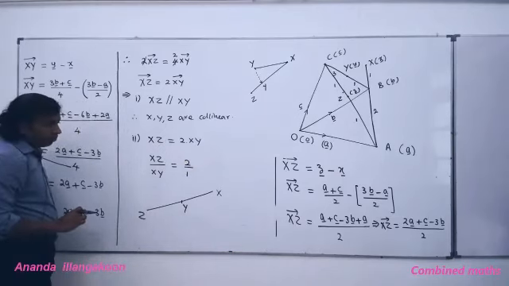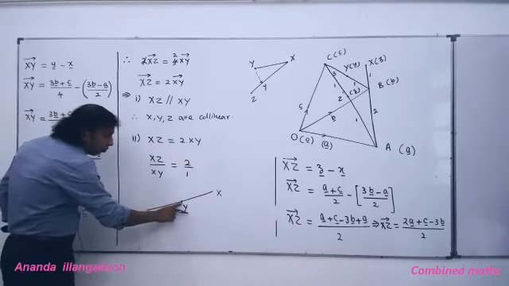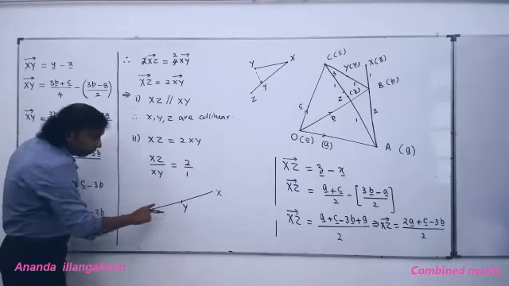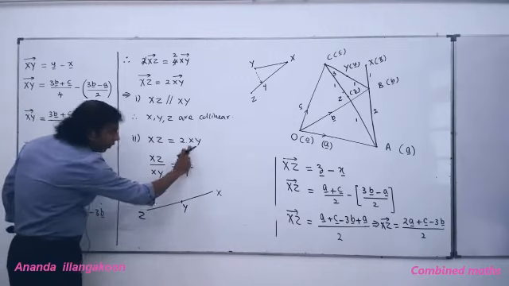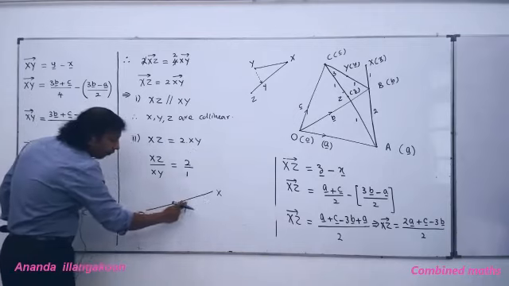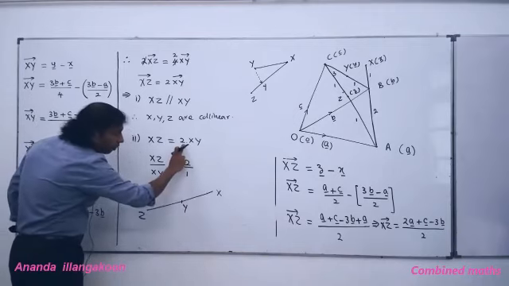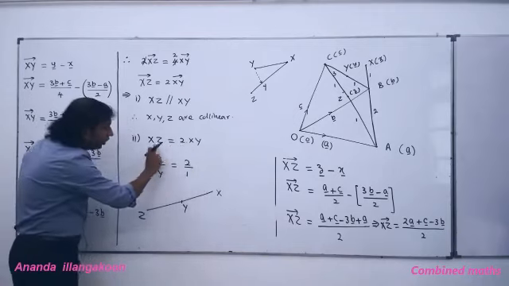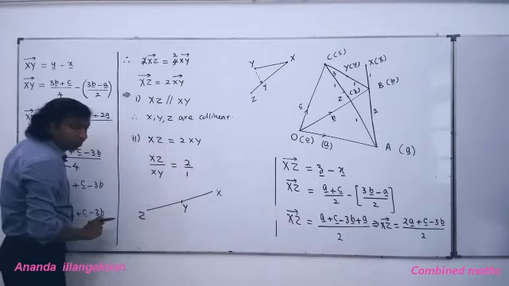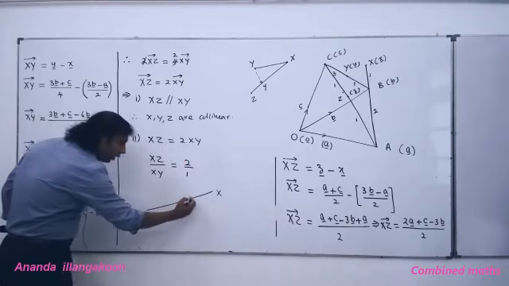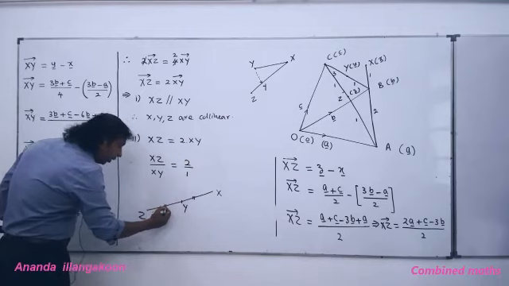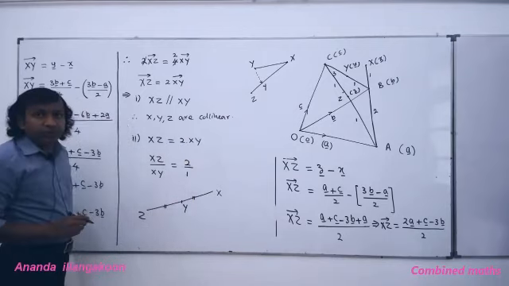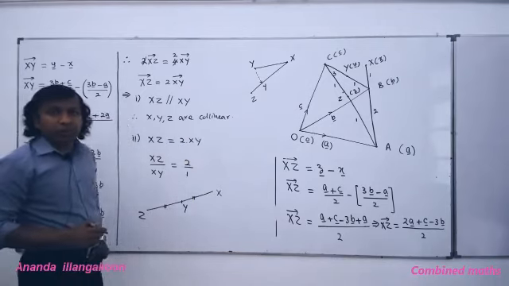Then you can very clearly see this Y should be the midpoint of XZ. Why? Here is the XY length, and when you multiply this length by 2, we get the whole XZ length. Therefore, this XY length and this YZ length must be equal. In other words, Y should be the midpoint.